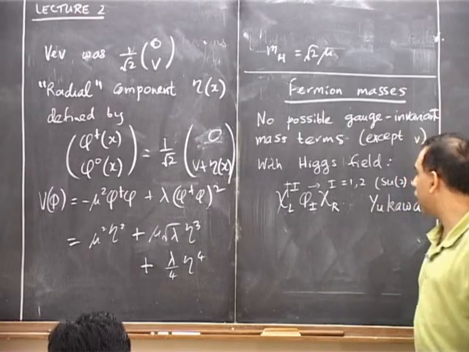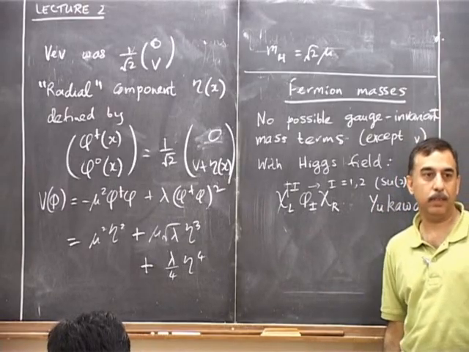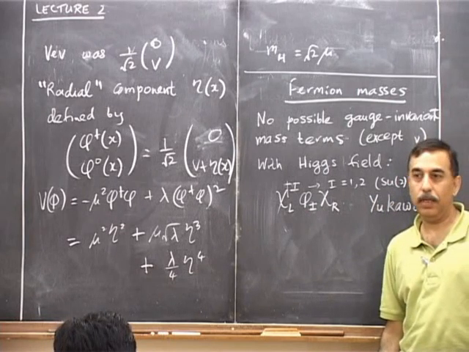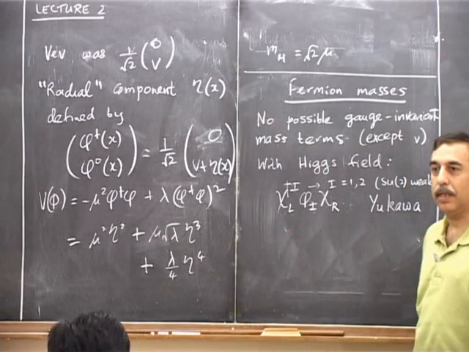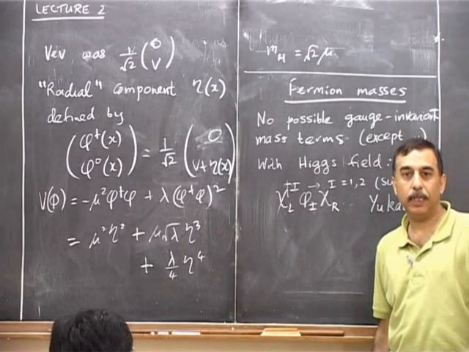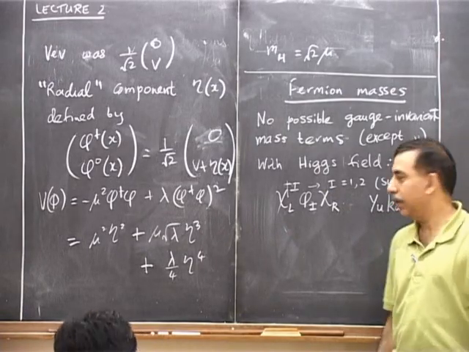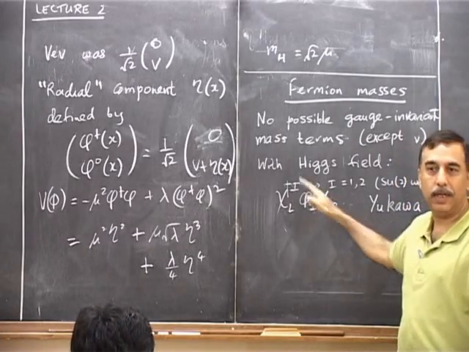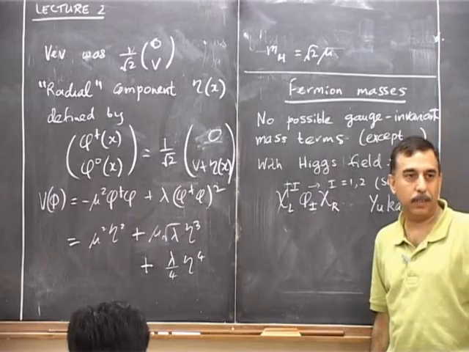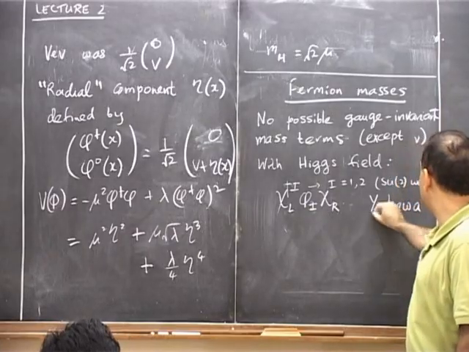The good thing is the Yukawa coupling is perfectly gauge invariant. What are the indices I have suppressed? Lorentz, yes. So I should have put an A dot here and an A dot here, and then I should add the complex conjugate. Anyway, these are Yukawa.